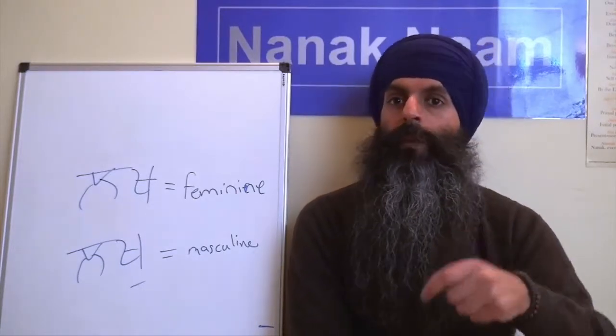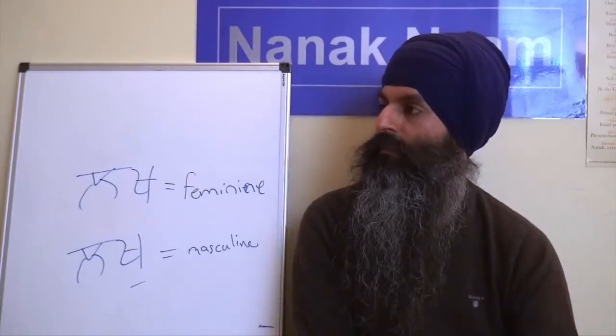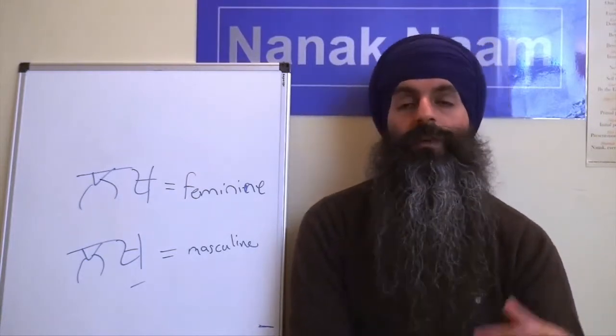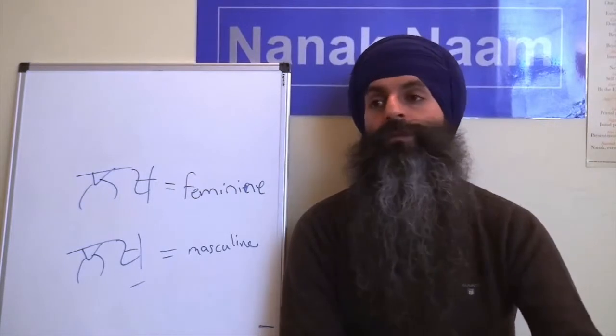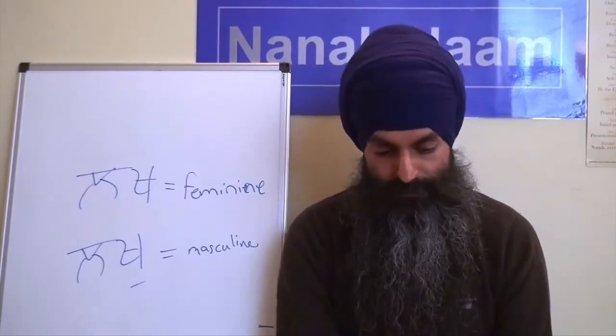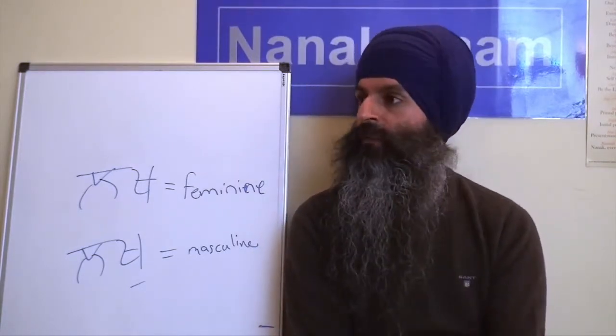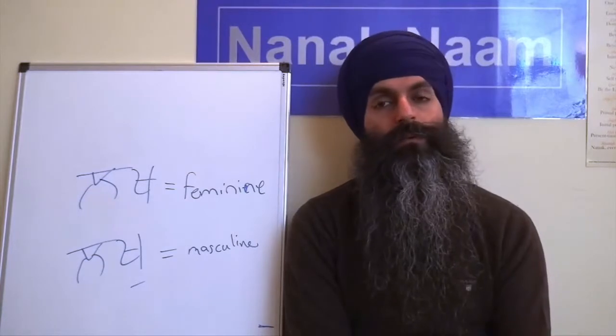So we shouldn't apply modern thinking to critique ancient traditions. We simply have to understand what they were talking about from the context of their own traditions. But Gurbani has used this idea of a servant and a master quite a lot.